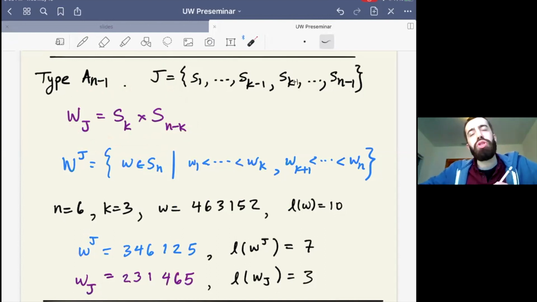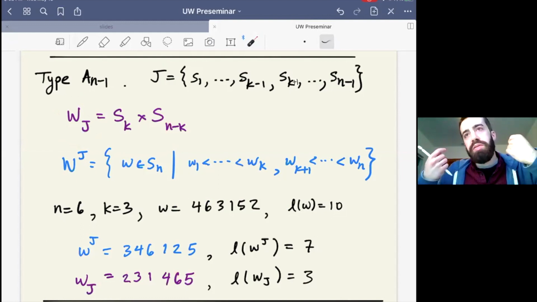The parabolic quotient in this case, so let's think about it: we're supposed to look at, in each coset for W_J, the element of minimal length. So a coset of this parabolic subgroup. If you think what that means, this subgroup knows how to move the first k positions and last n minus k positions amongst themselves.